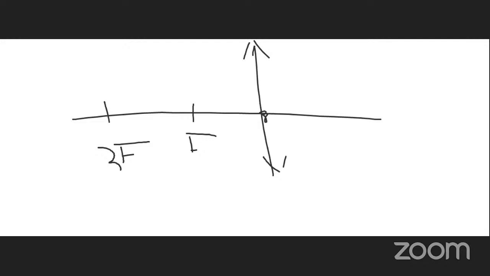If the object is here, how do you represent the object? Usually the object is represented by a solid line, with an arrow on it like this. Are you seeing my red object? So that can be the object.